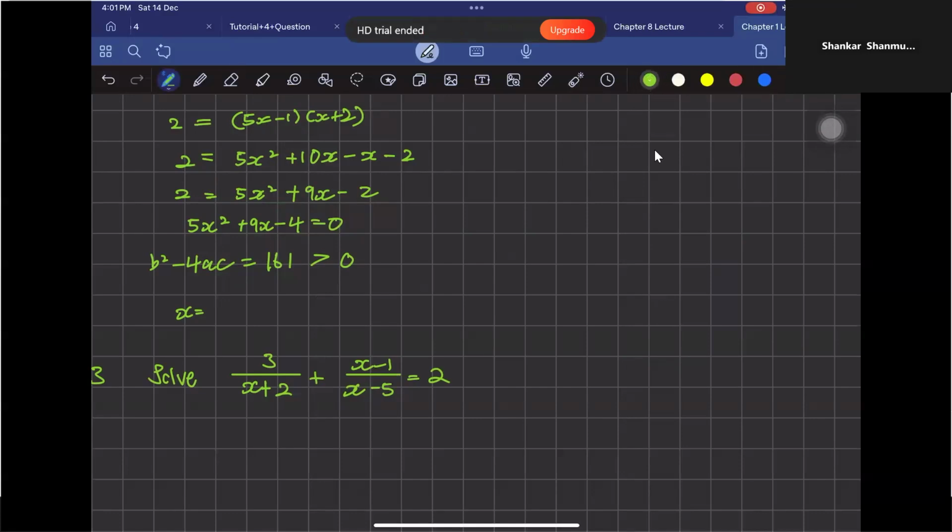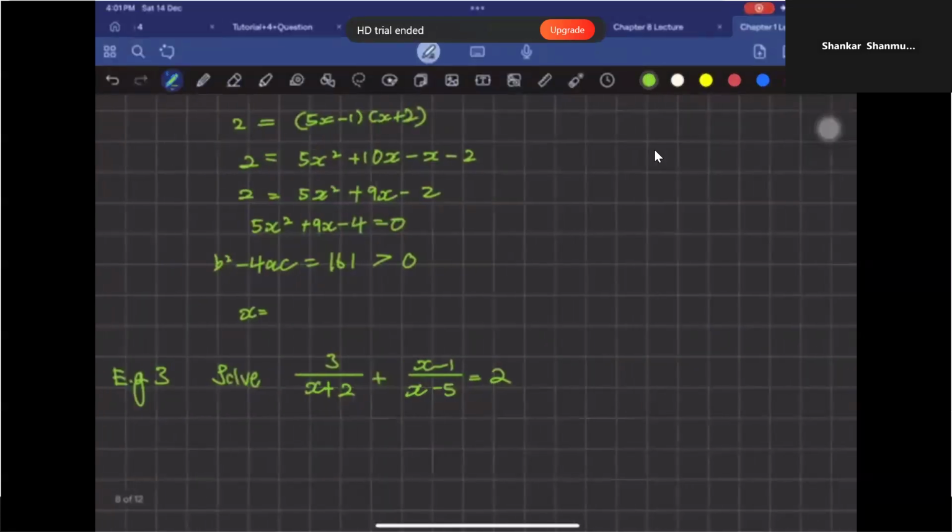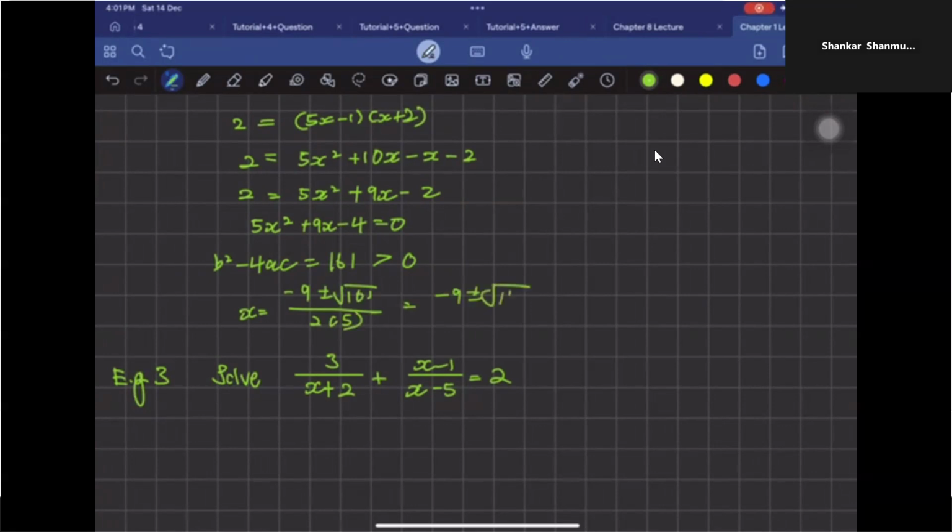Okay, I'm not going to write the formula because there's space constraint. So just minus 9 plus or minus root of 161 over 2 times 5. So minus 9 plus or minus root 161 over 10. Okay, after that, you can just calculate the final answer.